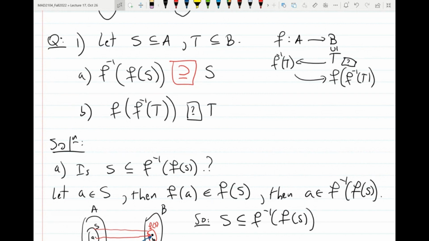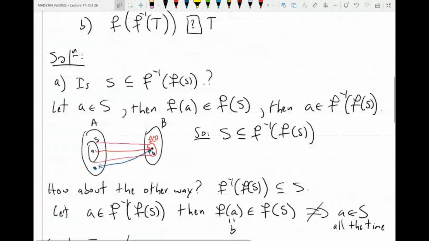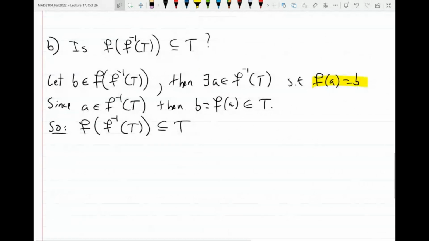So you went and came back, but you came back bigger in general because it contains S, doesn't have to be the whole thing. So you kind of gain more information by doing that process. Now here, what we're saying is that when you pull back and then push forward, you either come back the same or smaller. Okay? It could be that you come back smaller so that you lose information. Okay? So, what do you think?